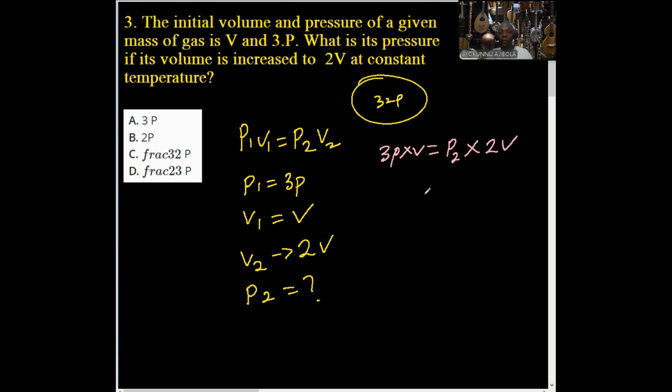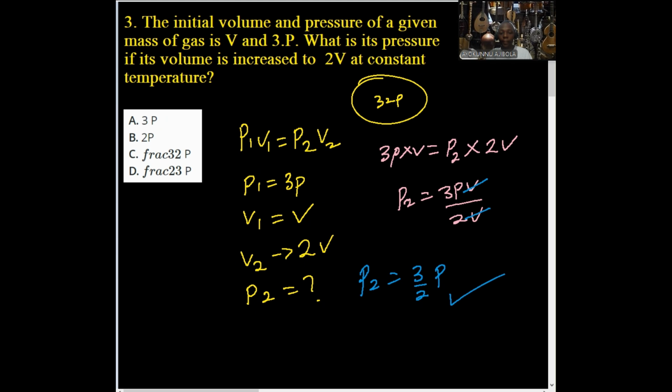So here now I can say P2 equals 3PV over 2V. So V will cancel V. So P2 equals 3 over 2 P, not 32P. Is that clear? Yes, sir. Okay, so I'll bring the next question.